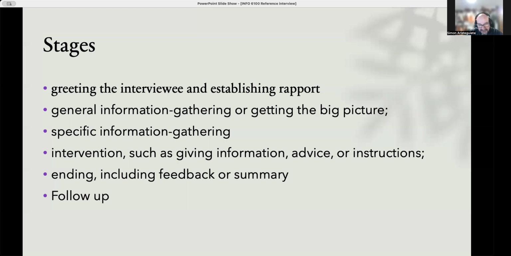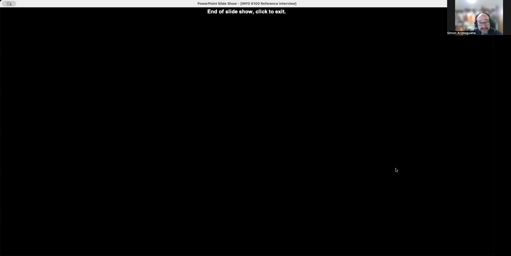And being able to provide that excellent level of service, where the user is satisfied with what we have done, is a feeling that I, when I was an academic librarian, was looking for, that feeling of being proud of my profession and being proud of how I was able to help the patron. So these are some of the tips that we should follow when we do reference in our library.